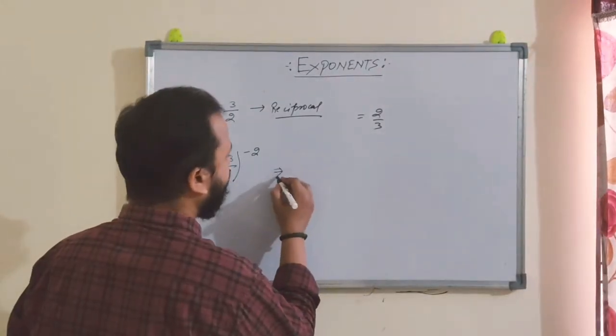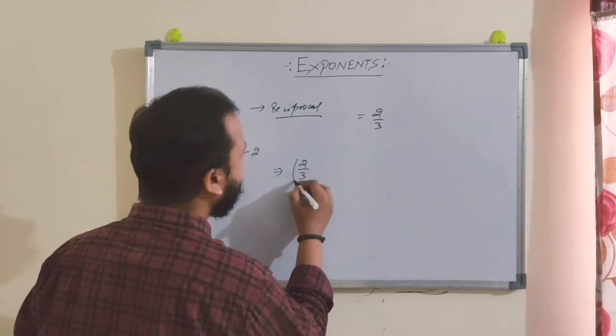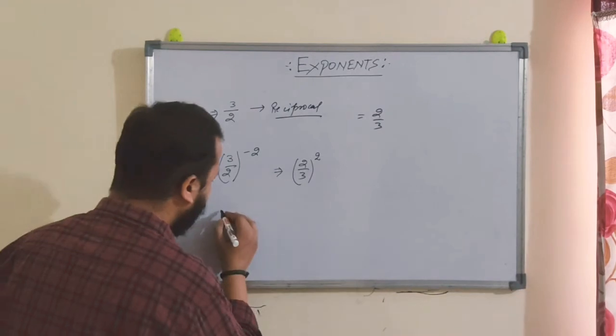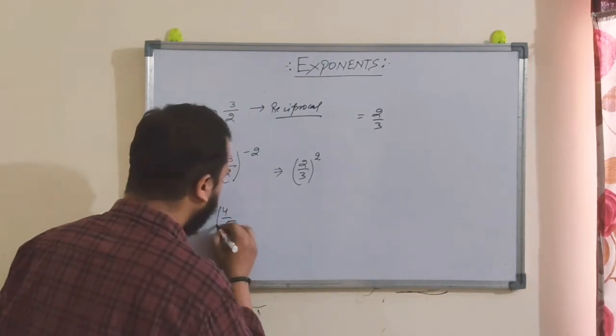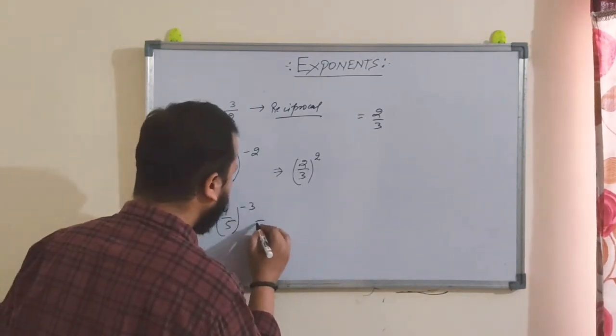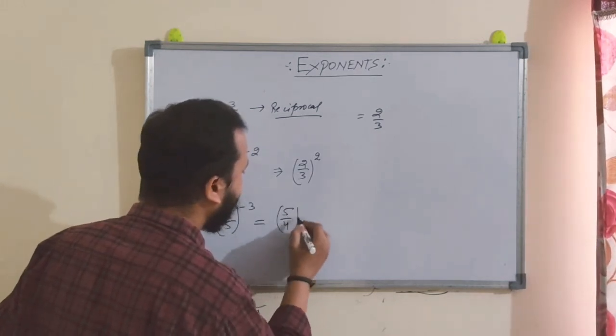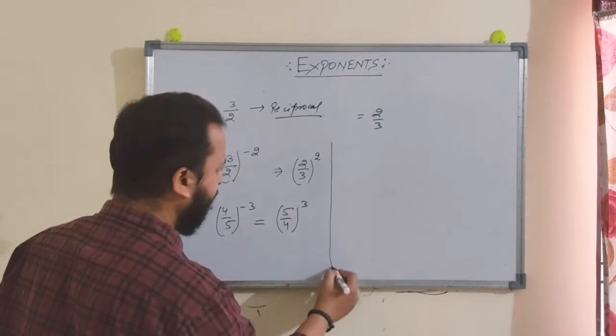So you can write it as 2 by 3 to the power 2. Suppose it is written 4 by 5 to the power minus 3. You can write it as 5 by 4 to the power 3.